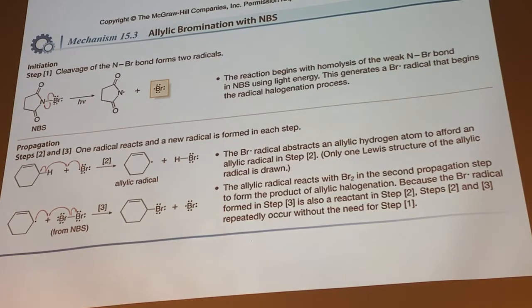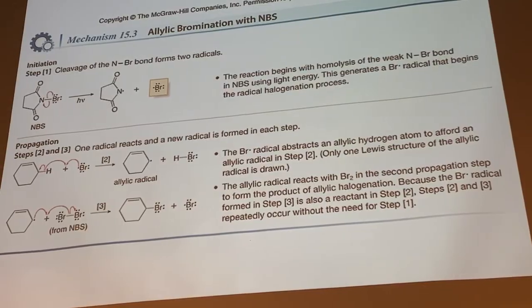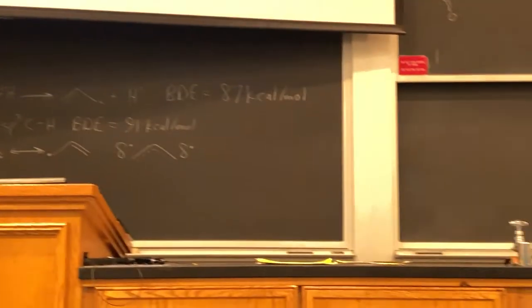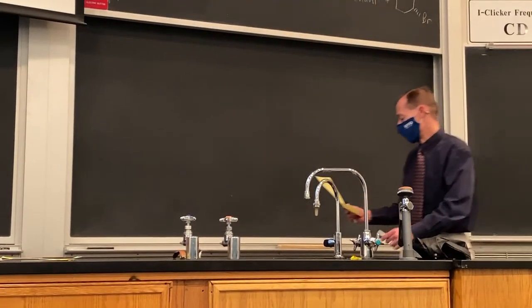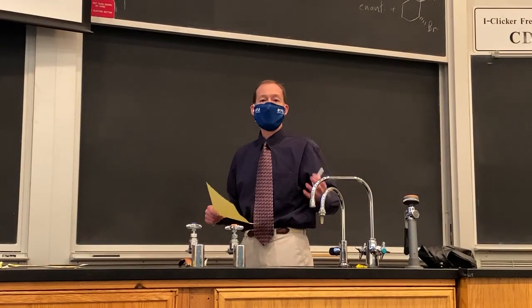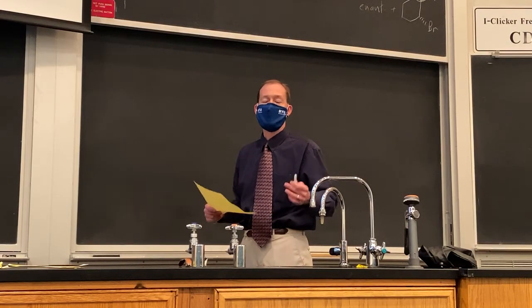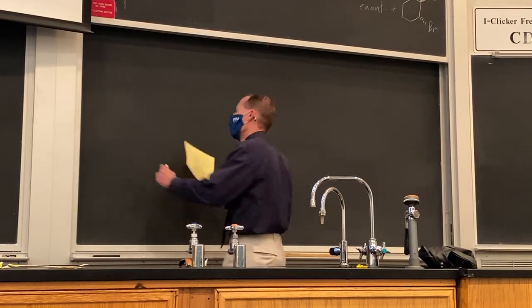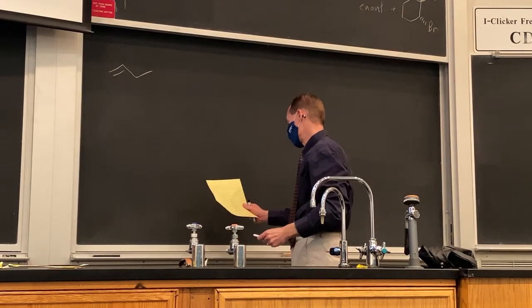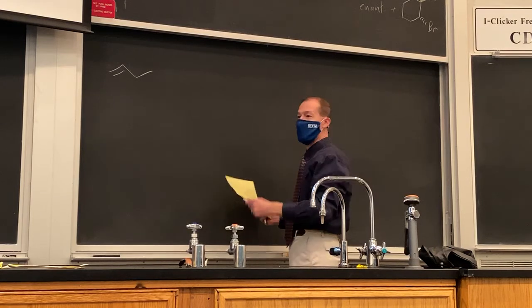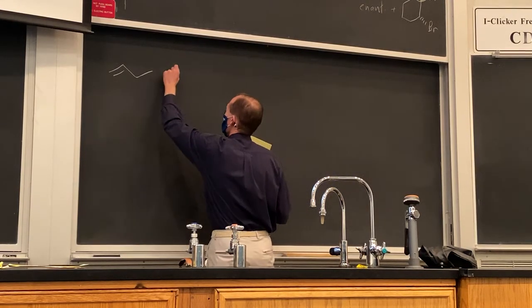So when we have an allylic radical where the two resonance structures are equivalent to each other, then we're only going to get one constitutional isomer. We're going to form that constitutional isomer as a racemic mixture, but we will only have one constitutional isomer. But if we have an allylic radical with two different resonance structures, then we have two different constitutional isomers that can form. So let's take a look at what happens if we use 1-butene.